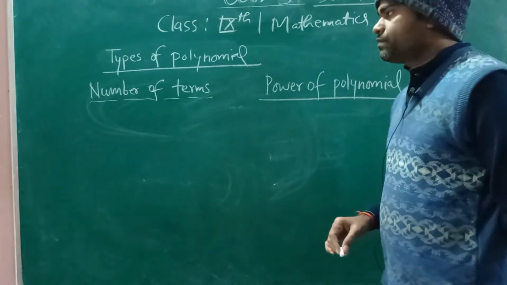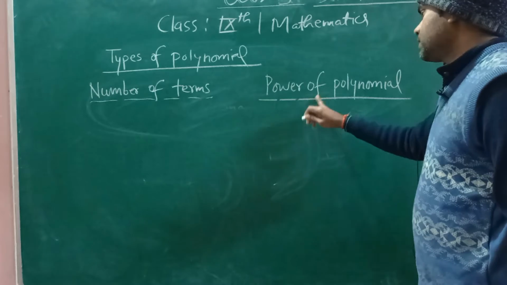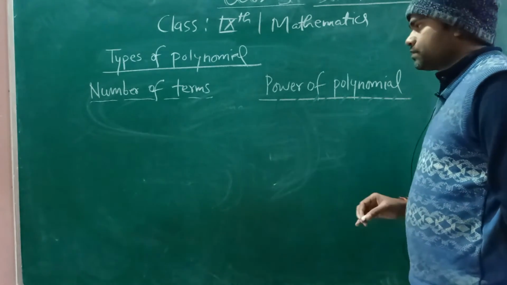First basis is number of terms and second basis is power of polynomial.